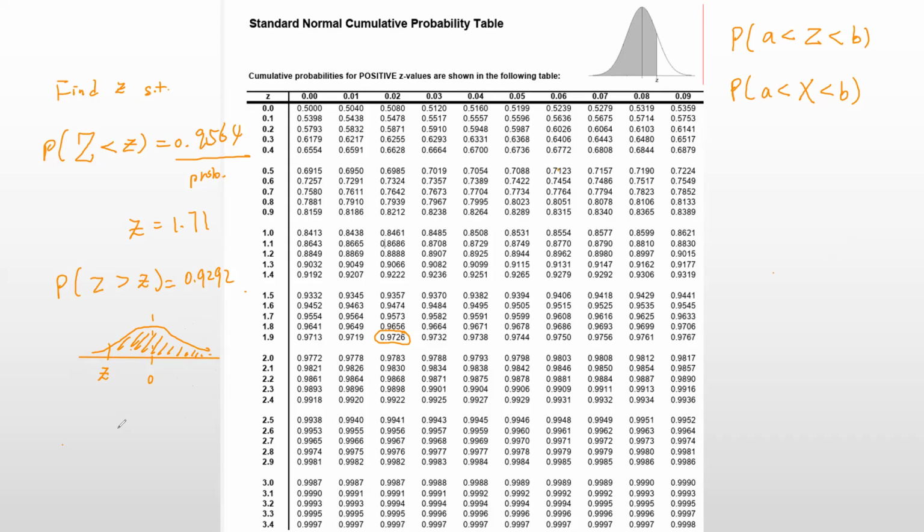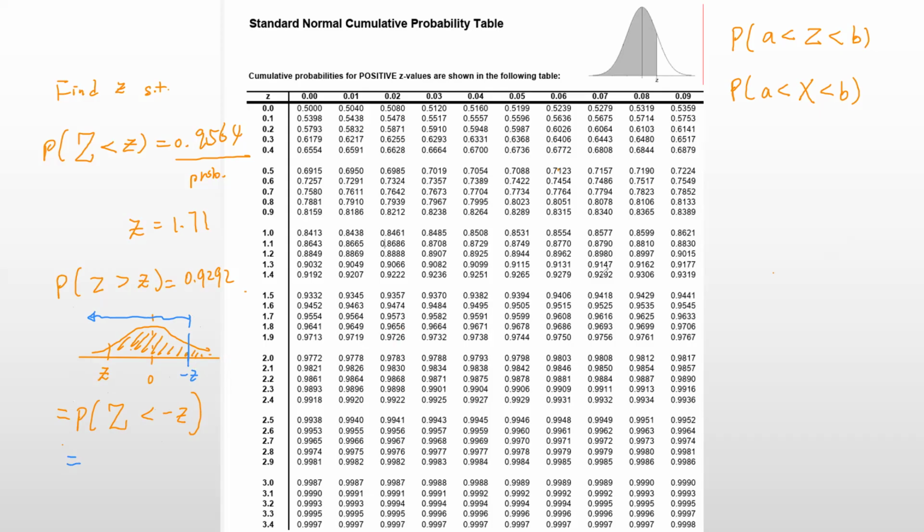Now, using the symmetry, that is the same as the probability of capital Z less than negative z. Negative z is a positive number here. Let me use a different color. So this is negative z, and less than negative z is the area to the left of this bar under the curve. They are the same. So now you look at 0.9292.